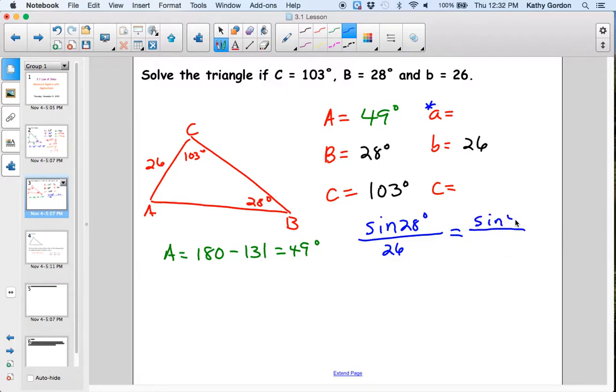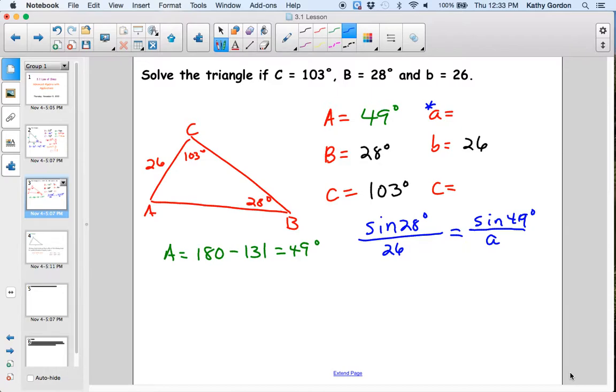Sine of the 49, angle A, over side A. So that sets up a proportion for me, and the only piece of that proportion now that I don't know is the A. So I should be able to solve for that. And how do we solve proportions? Cross multiply. Yep.